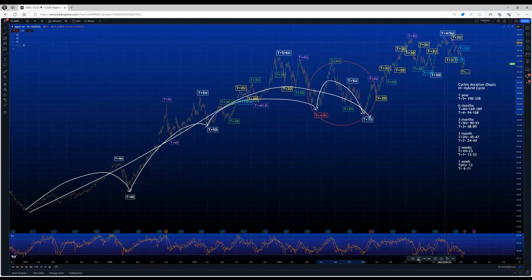So from here, we have evidence that a cycle of 3 to 5 years is in development. And in October 2023, we have had the closing of the first yearly cycle.